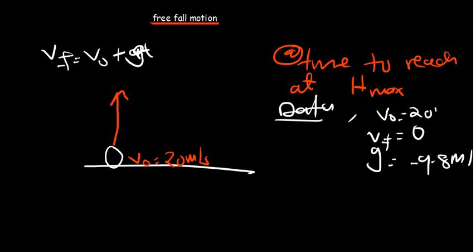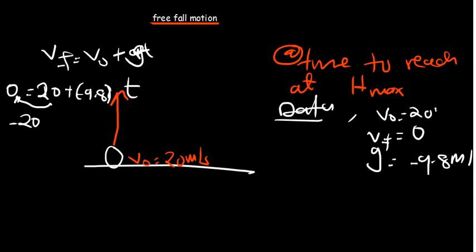So we have our 0, then our 20, and since it's going up, our negative g, which is negative 9.8, times t. I'm going to shift this to the other side, so I have negative 20 is equal to negative 9.8 t.